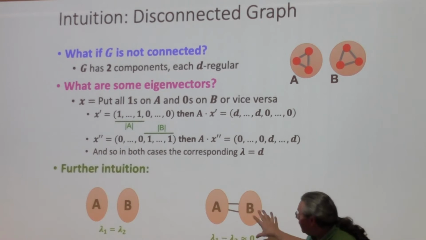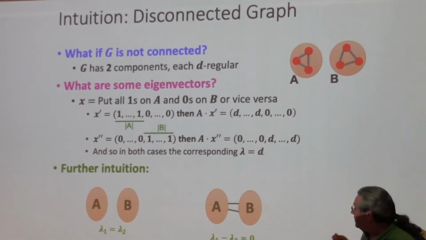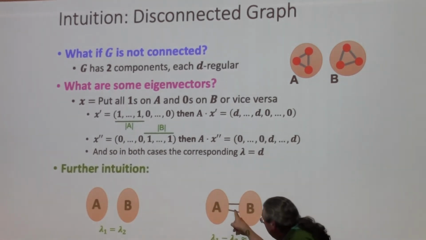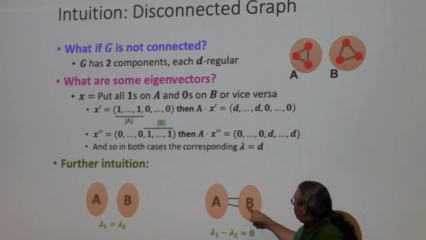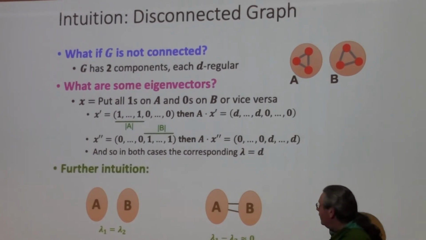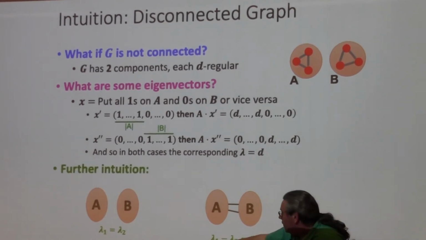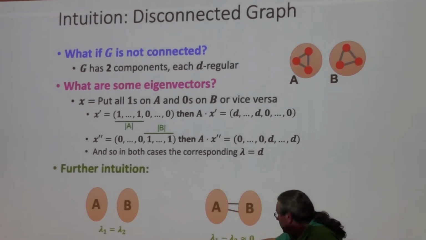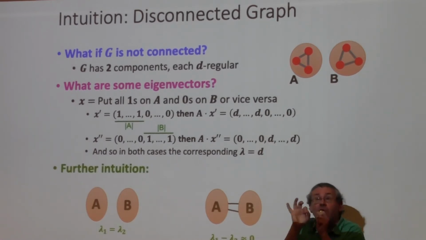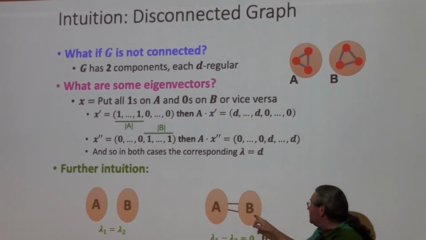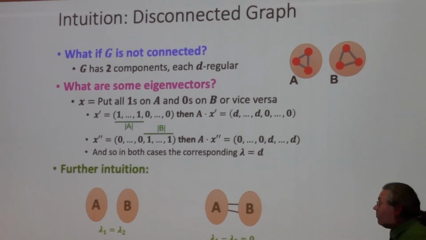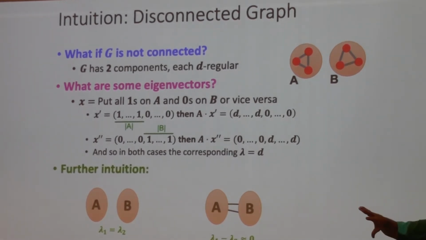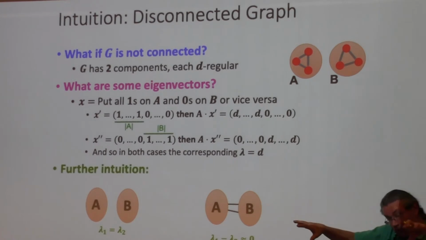Now let's say we do something a little bit different. We add a small number, a few connections between A and B. Just a small number of them. It turns out that the difference between lambda 1 and lambda 2 is going to be small. It's going to be close to 0. Okay? So if the Eigen Gap is 0, then the graph is disconnected, at least two components.